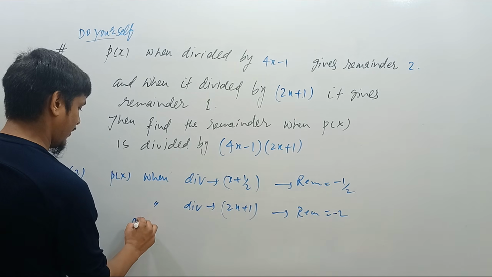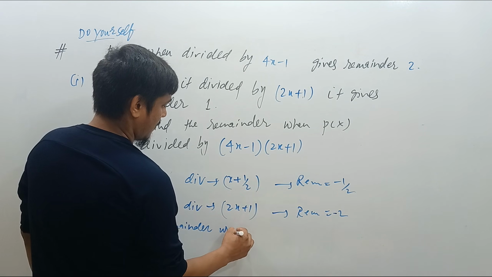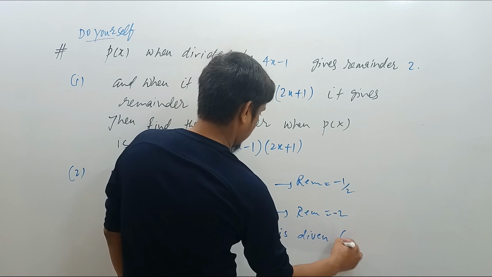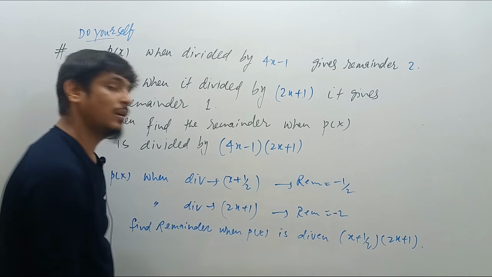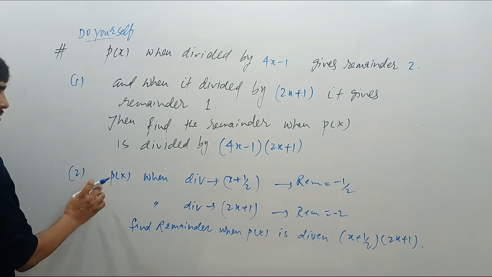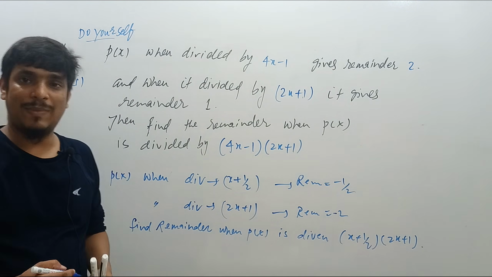Then find the remainder when p(x) is divided by (x plus 1 by 2) times (2x plus 1). So do yourself 1, and this is do yourself 2 for the problem based on the remainder theorems.